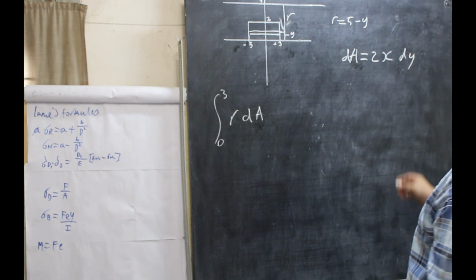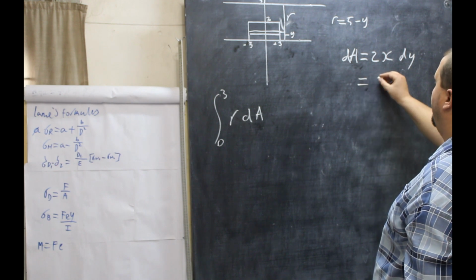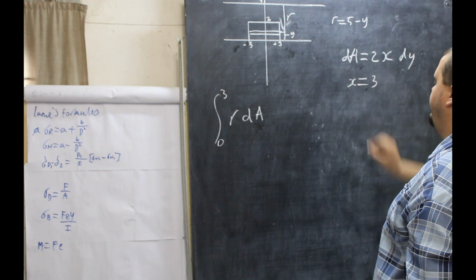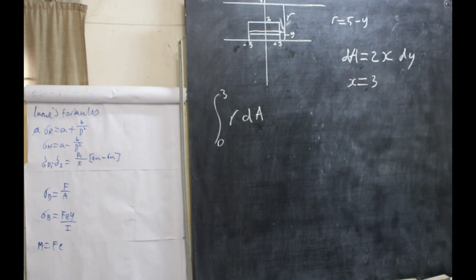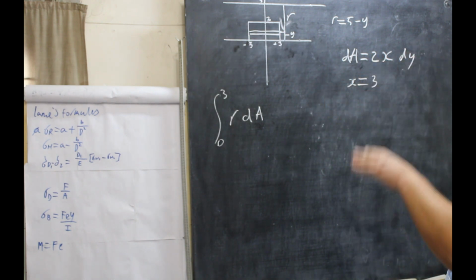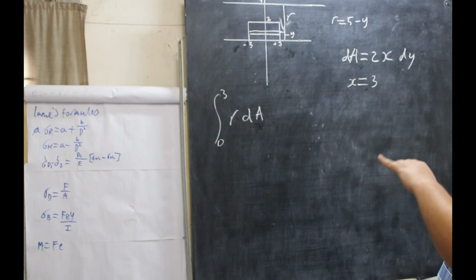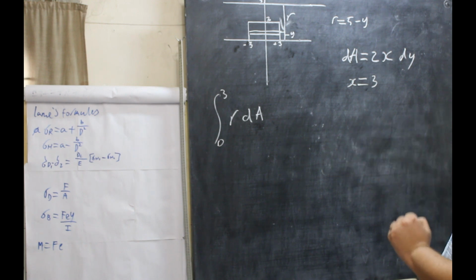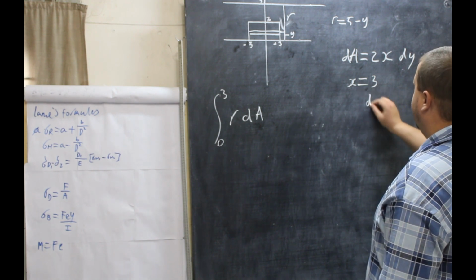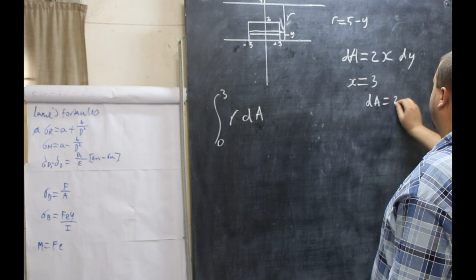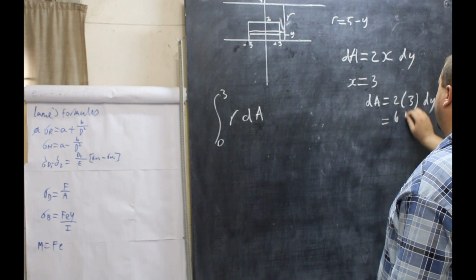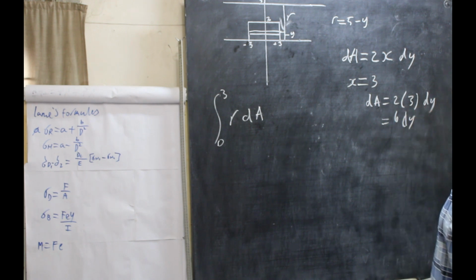So x is equal to 3, because that is our line. When your line is straight across, it doesn't tilt or anything like that, there is no gradient. It is just the end number, it's just your constant. So x is 3, so dA is equal to 2 times 3 dy, which is 6 dy.